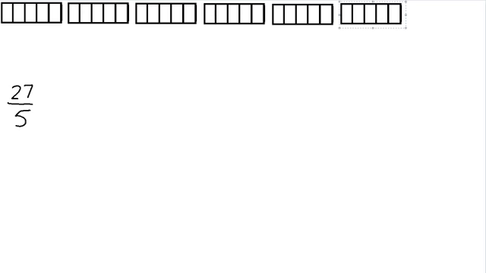I'll color them in, so that's 1, 2, 3, 4, 5, 6, 7, 8, 9, 10, 11, 12, 13, 14, 15, 16, 17, 18, 19, 20, 21, 22, 23, 24, 25, 26, 27. So that's what 27 fifths looks like as a visual model.